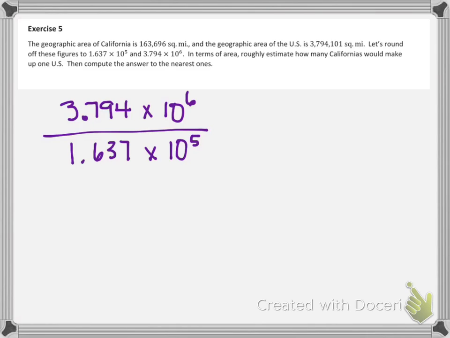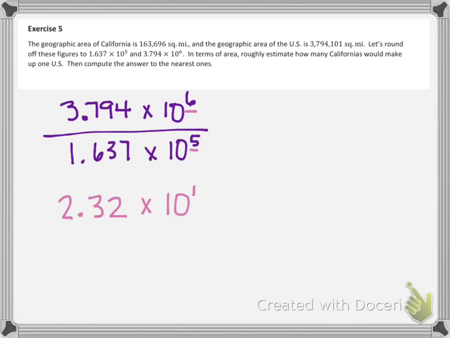So 3.794 divided by 1.637 gives us 2.32, if I round up, times 10 to the, well, 6 minus 5 is 1, so 10 to the first power.